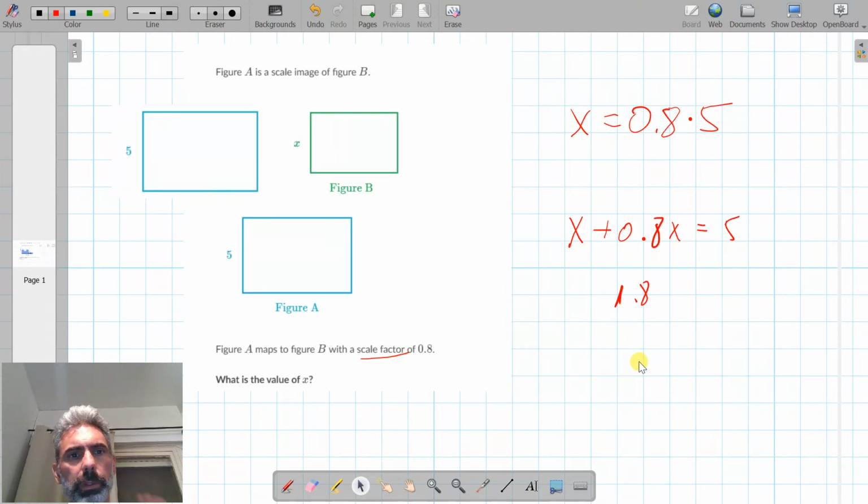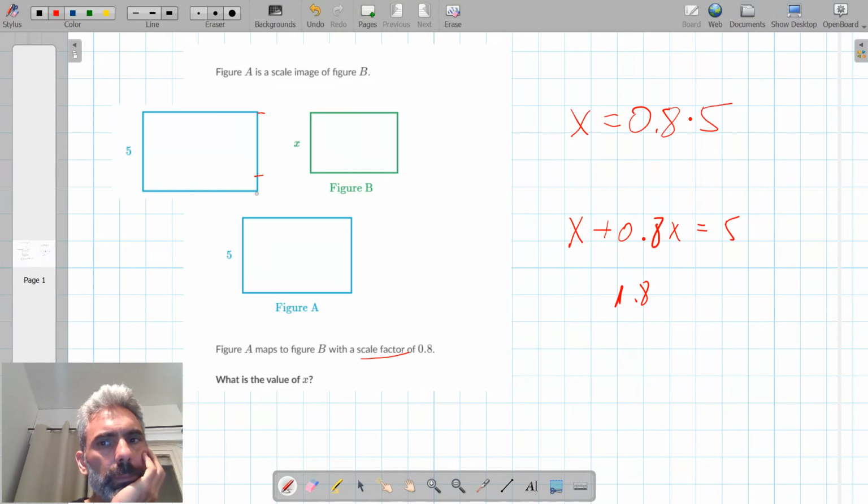Okay, so it looks like x is 80% of, yeah. It doesn't look like 5 is 1.8 of x.